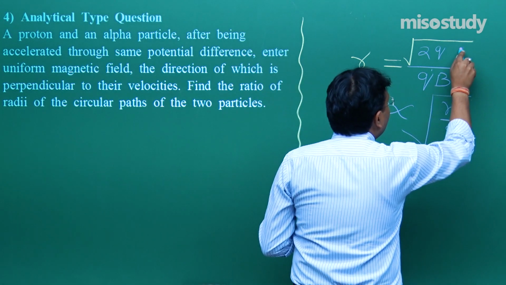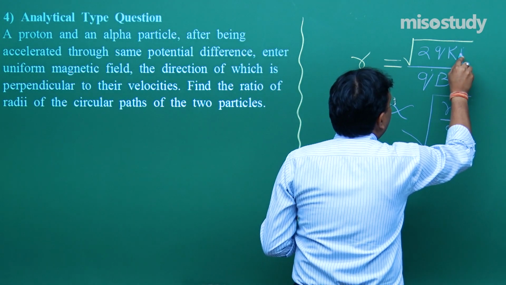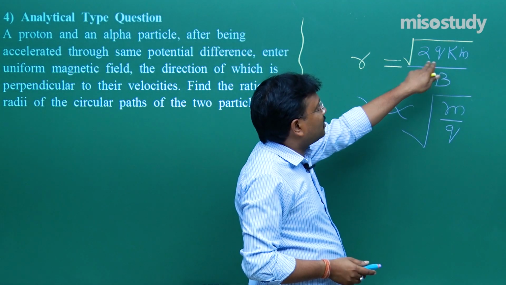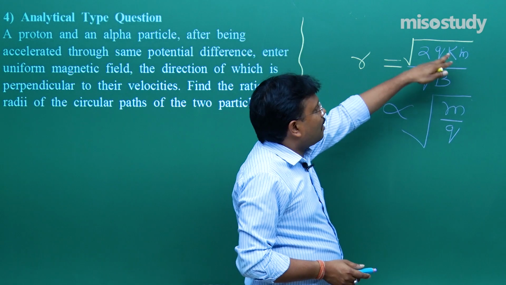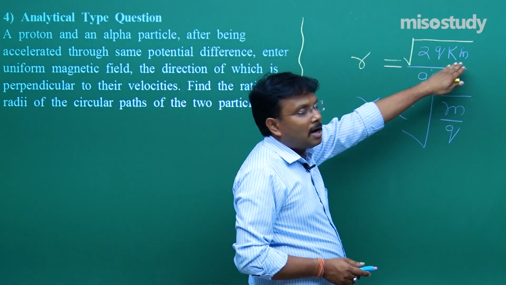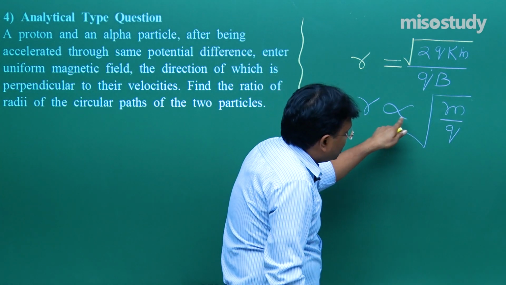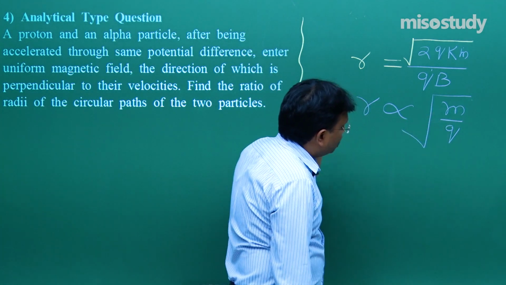Basically it is either Vm or you can write it Km. Both ways you can write it, because kinetic energy is the same, 2 is constant, meaningless, and the mass is also the same. The only difference is mass and this charge. So R is directly proportional to root M upon Q.